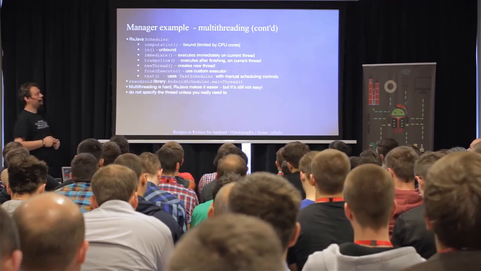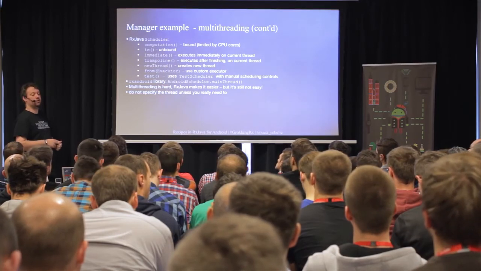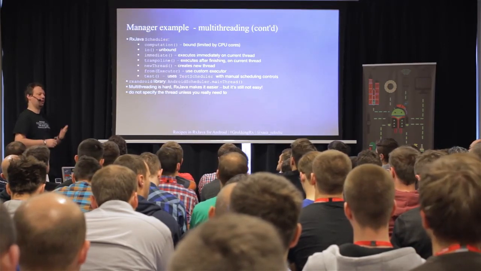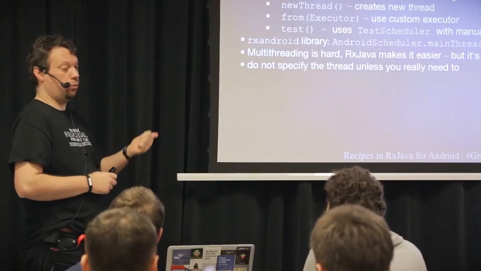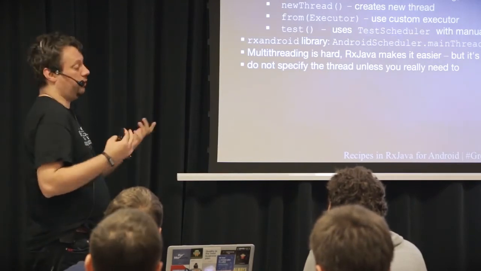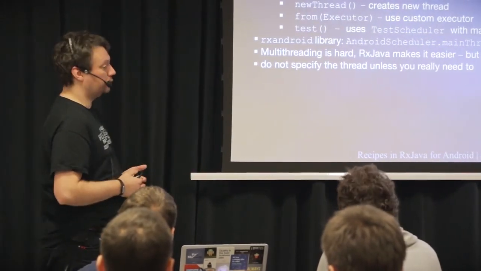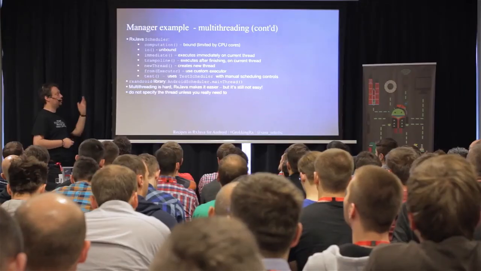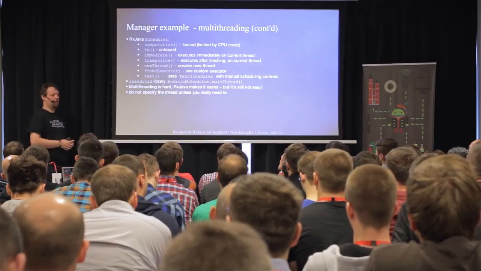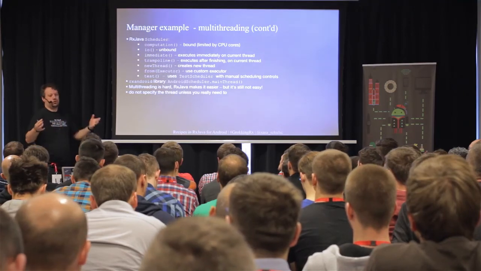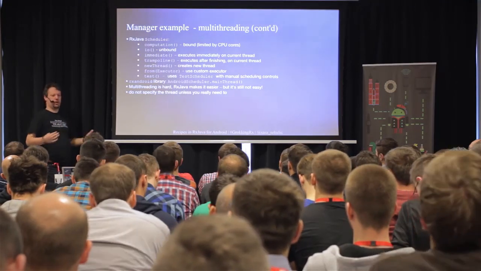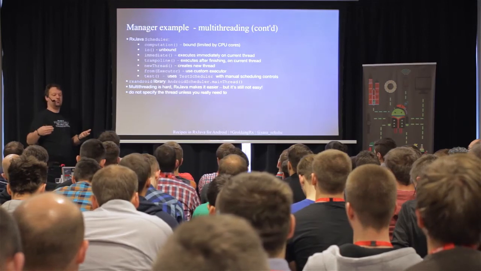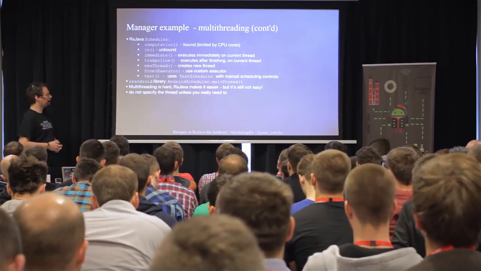Computation is bound by the number of CPU cores you have on the phone. If you have 4, it will have 4, if you have 8, it will have 8. That's why for any manipulations you should use computation, because it will be limited. So you get to use multiple cores, but you don't get 50 threads on a 4-core CPU.